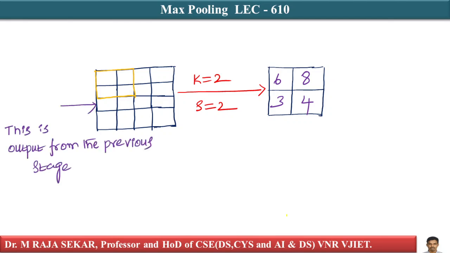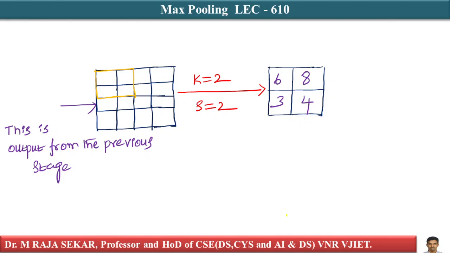If this is an edge detector, I am assuming this is an edge detector. If there is an edge here, you have a high value here, because we said white is high value, dark is low value, or vice versa. So if you have an edge here, let's assume we get a value here.